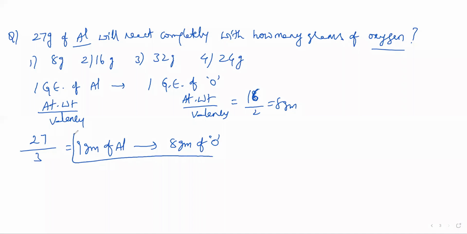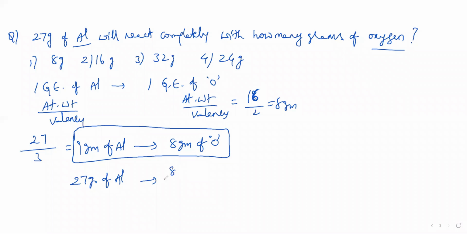Now this is the relationship, right? 9 grams of aluminum gives 8 grams of oxygen. So in this case, how can we calculate for 27 grams? 9 grams of aluminum reacts completely with 8 grams of oxygen. But the question is about 27 grams of aluminum.